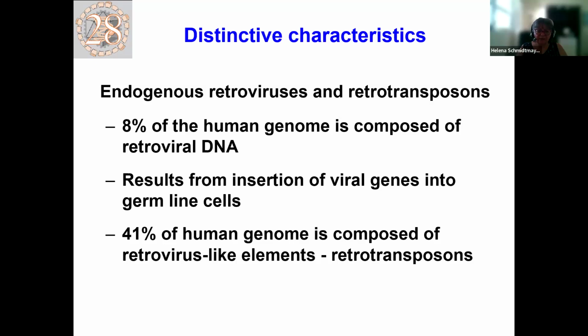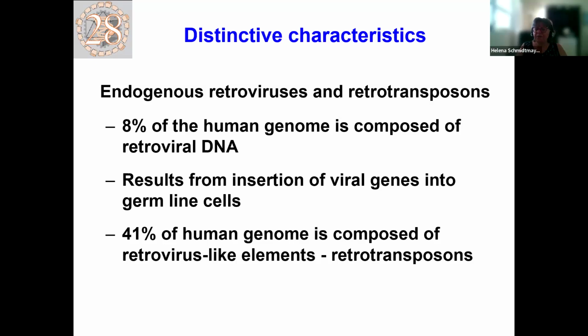Even more intriguing are retrotransposons. They form over 40% of the human genome, and they are composed of retrovirus-like elements. So they obviously contributed to the evolution of our genome.